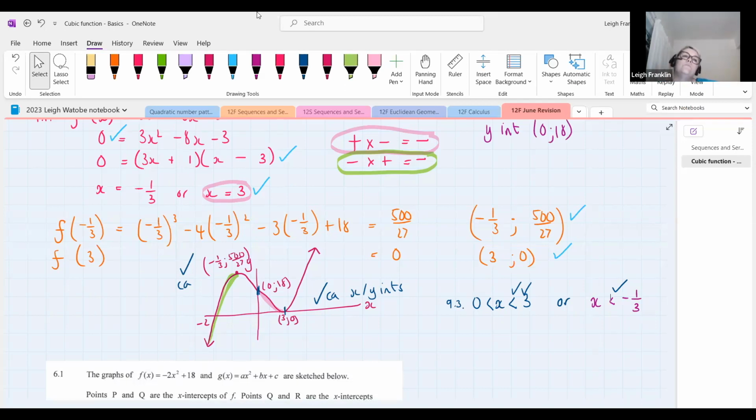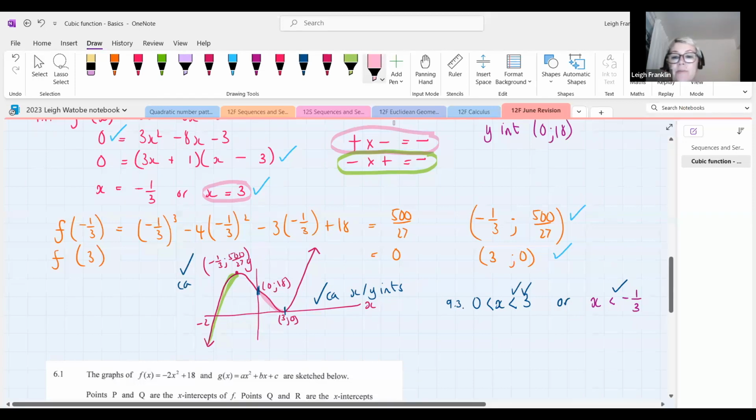For the answer, can it be x is greater than 0 or 3 is greater than or equal to x? You can't split it up like that, no, because you're writing between. When you write between in maths, it has to have a lower bound and an upper bound. So what I'm doing here, I'm going to highlight it in pink for you.